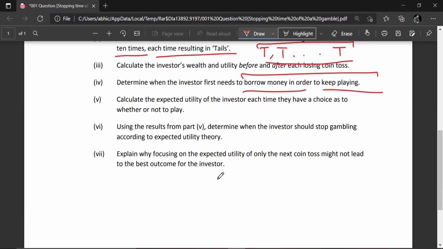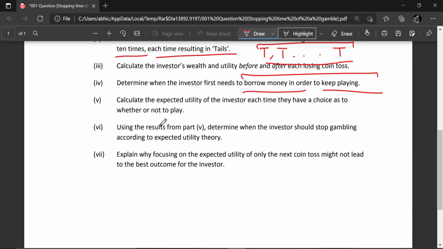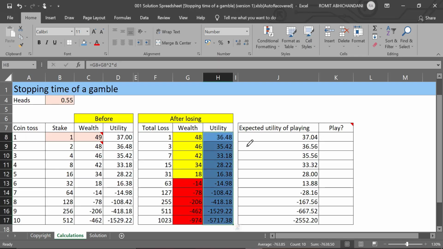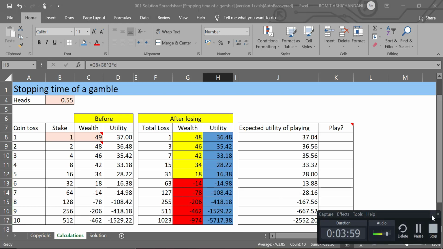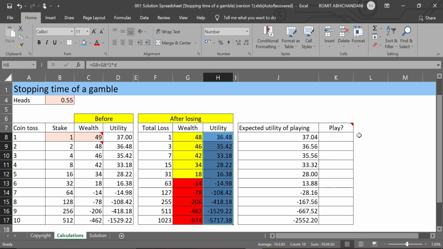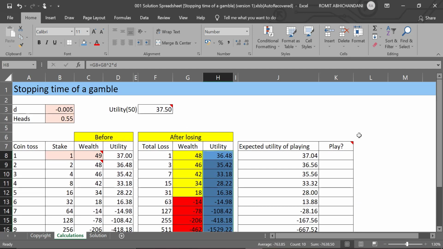Now the next one: use the result in 5 to determine when should investors stop playing the gamble according to expected utility theory. So as per expected utility theory, you will only play the gamble if it increases your expected utility from what it already is, right.